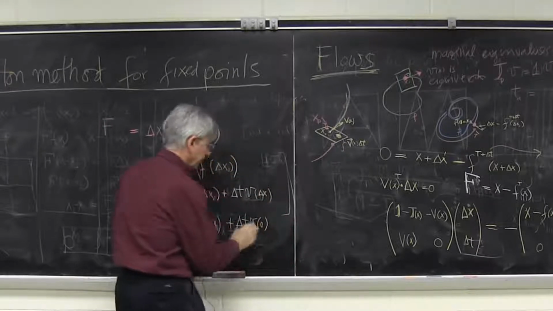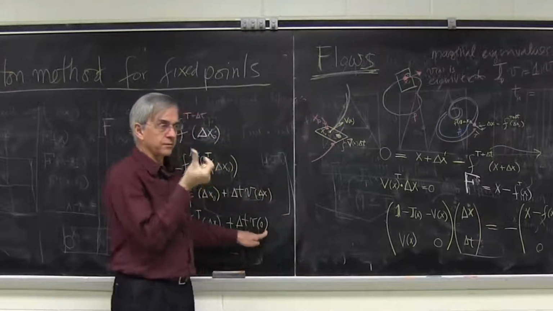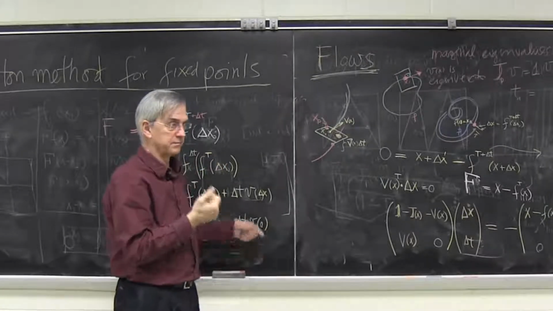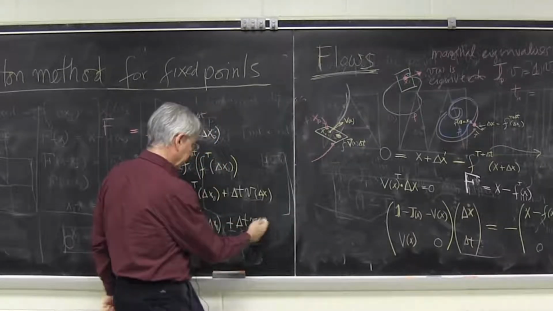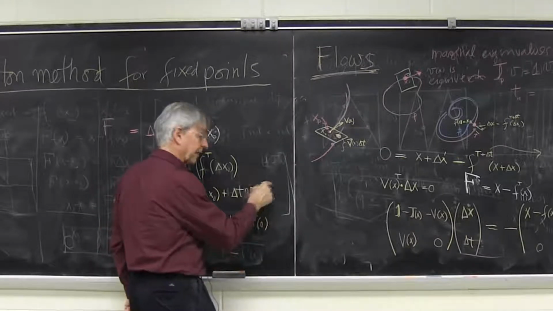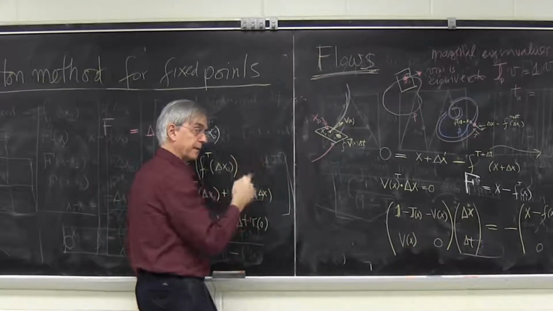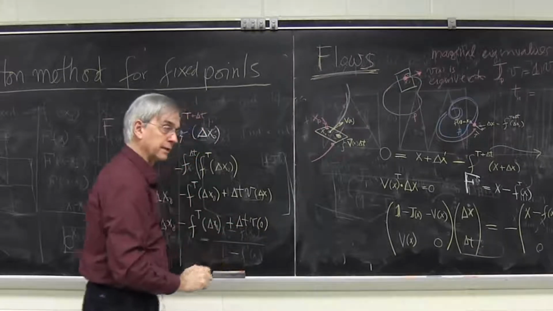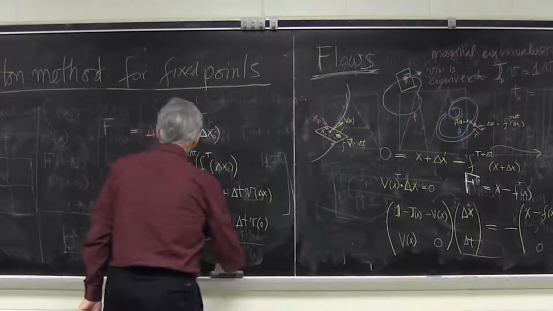And the reason why 0 shows up is because I've chosen to put my coordinates at the equilibrium point. But to the same approximation, it could be whatever I'm computing in the neighborhood, to leading order in deltas, right?